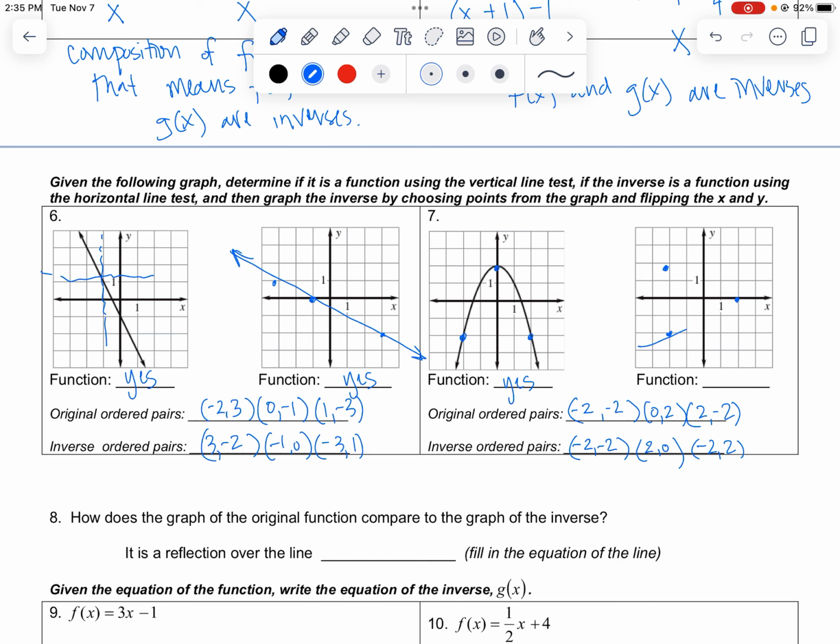So when we graph this, it's a sideways parabola, but is it a function? No, it is not, because this will not pass a vertical line test, and you probably could have told me in the beginning that the original won't pass a horizontal line test. Therefore, its inverse won't be a function. It won't pass the vertical line test.